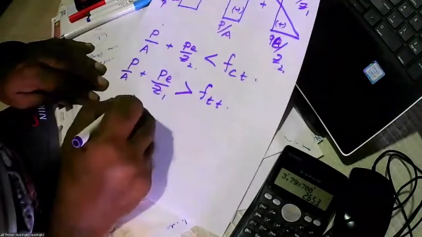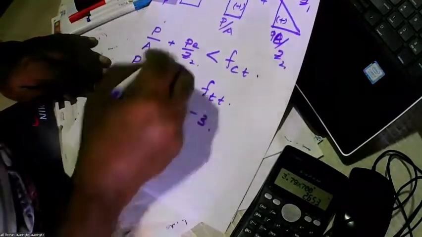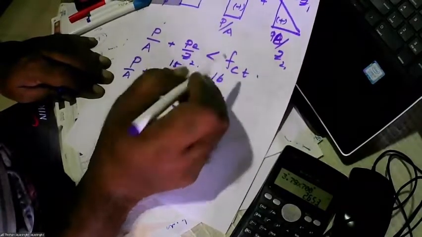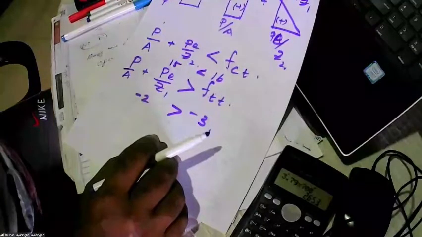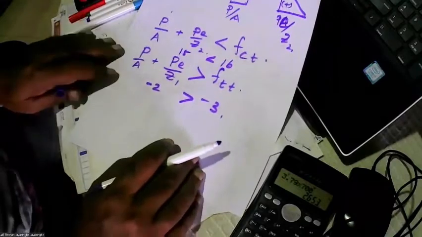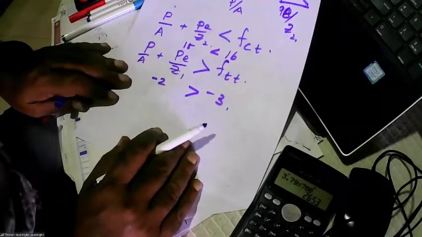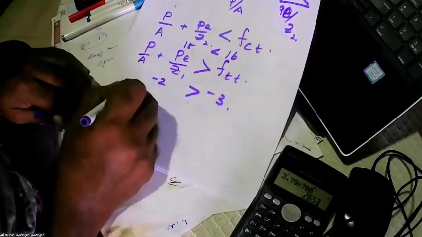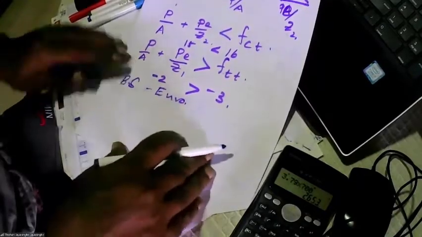So here we are saying minus 2 is greater than minus 3. Here we are saying 50 should be less than 60. Compression stress can be about 16 to 20, and the tensile stress will be about 2 to 3. Whether you use British code or Euro code, these values change only slightly.